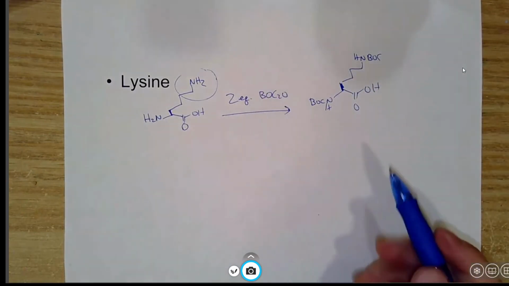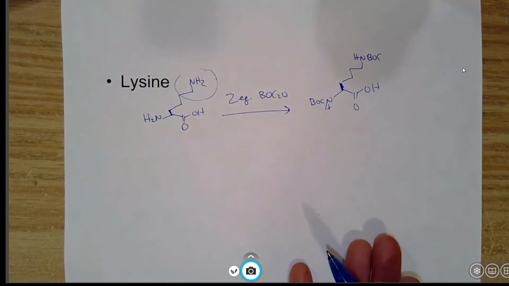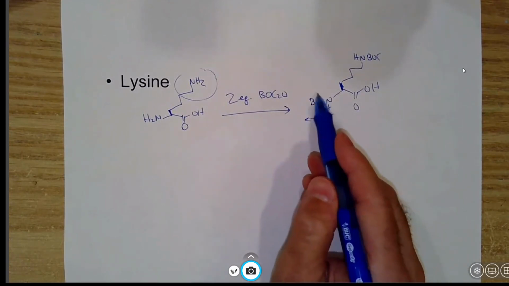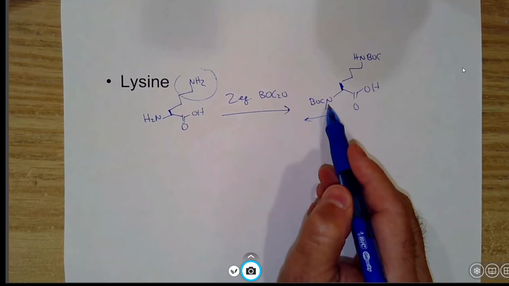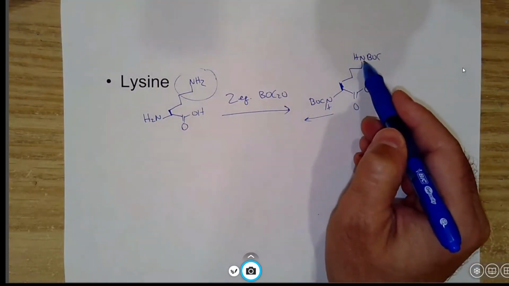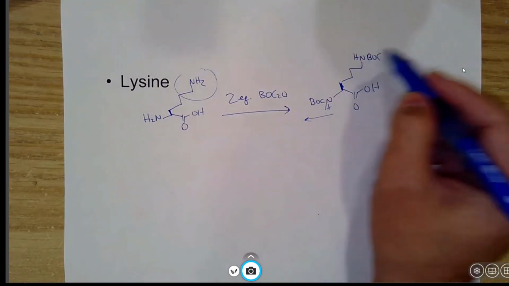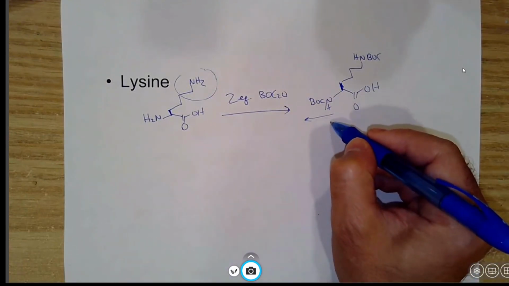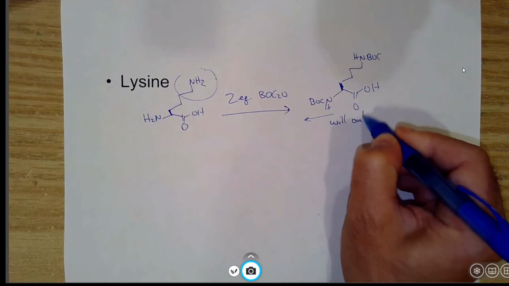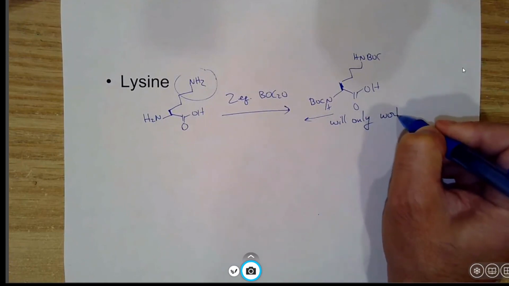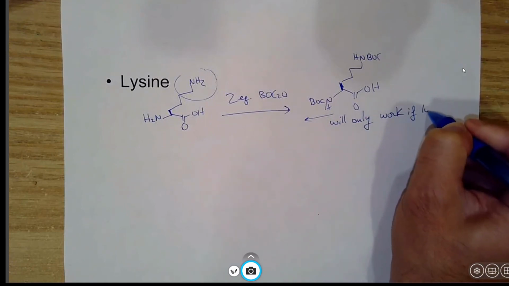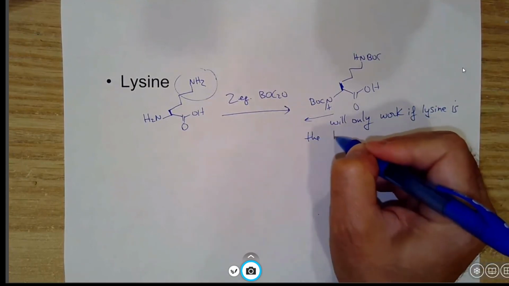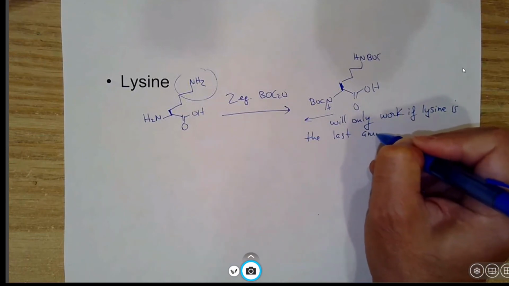Okay, and this can be a very useful strategy for peptide synthesis. However, if you need to keep building the chain off of this and remove the Boc group, then you're also going to remove this one, and then you'll start branching off a peptide. And therefore, this strategy will only work if lysine is the last amino acid to be coupled.